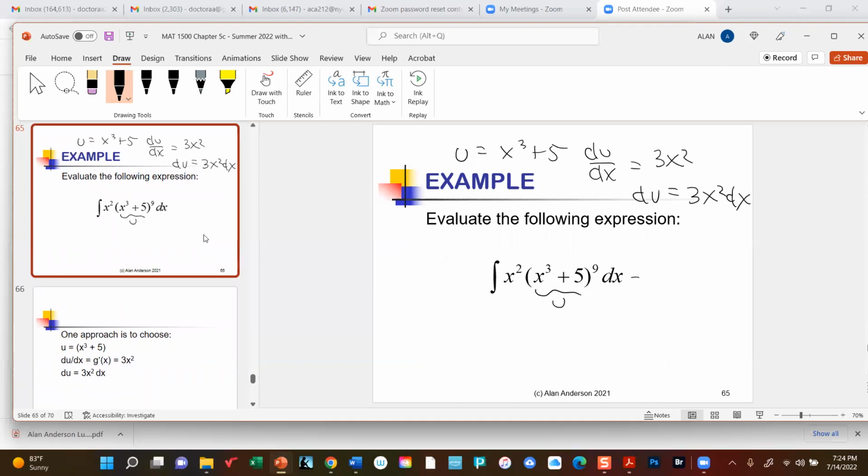Now you can see there's a problem. We need 3x squared dx. We don't have it. But it's only missing a constant. And so because of that, we can just say, oh, no problem.